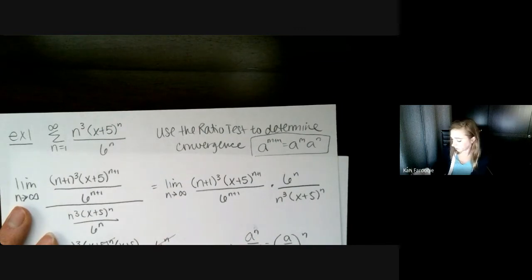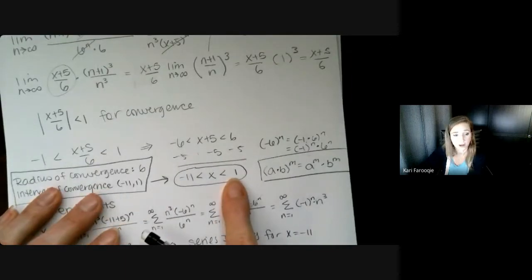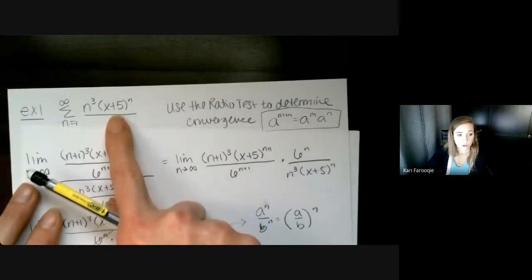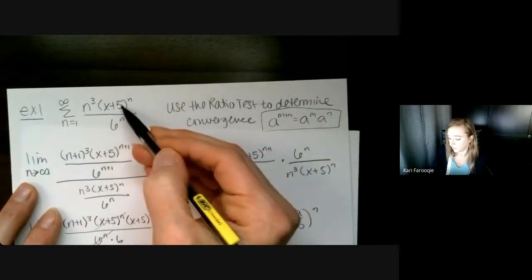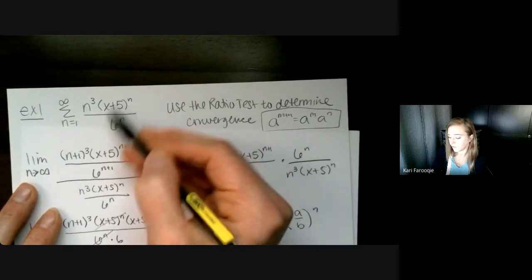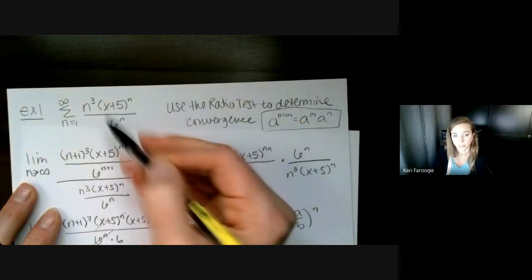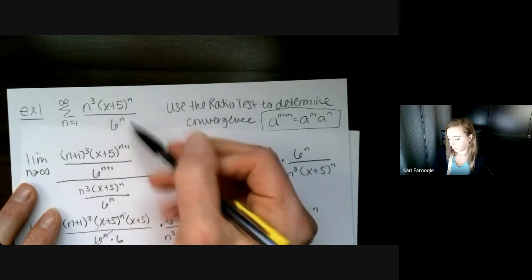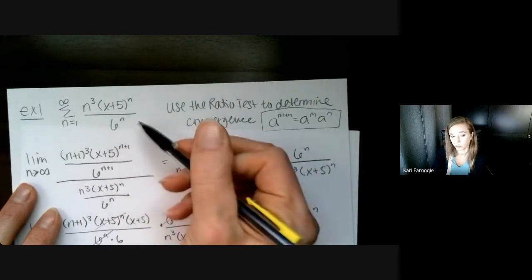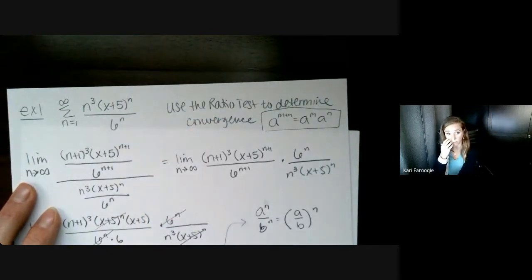And then if you think about values outside of your range, like if you went outside of the interval of convergence and chose something like x equals 2, well, now you can see why 2 is not going to work for you. 2 plus 5 is 7. Then you would have (7/6) to the nth power. And that would force your geometric series to diverge because your ratio would be greater than 1.